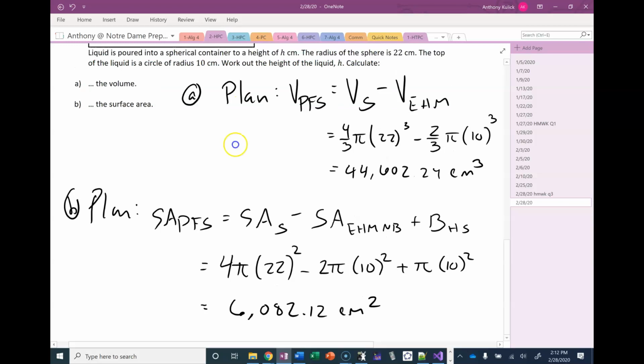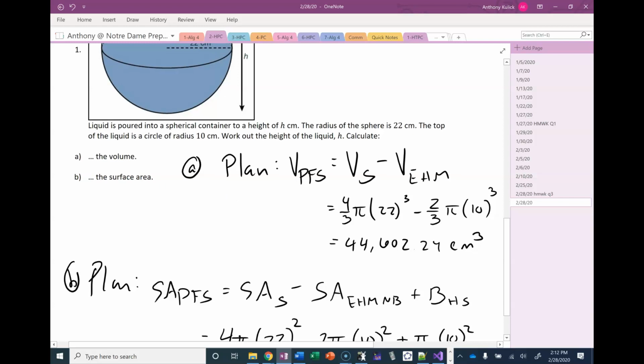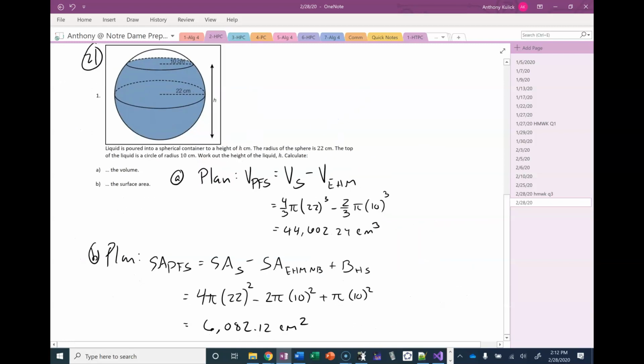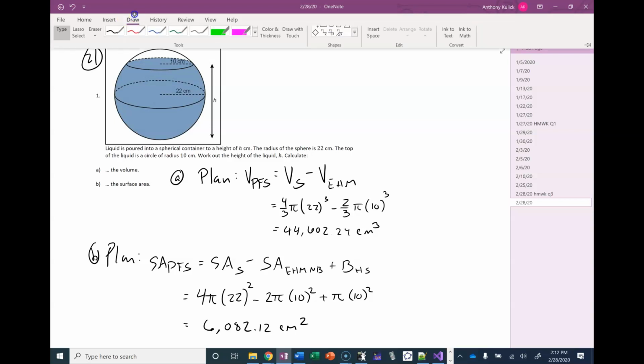Oh, do they just want the surface area of the sphere? Well, that's a silly question. I assume they wanted the partially filled stuff. I assumed it wanted the volume of the liquid and the surface area of the liquid. Is that not correct? Interesting.